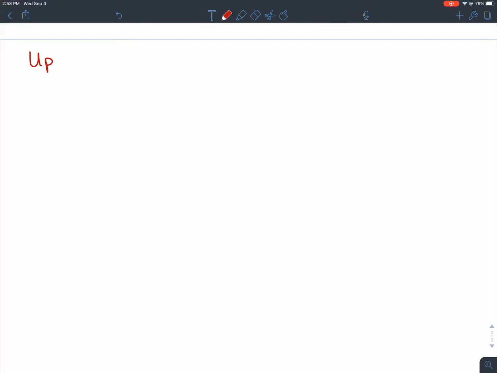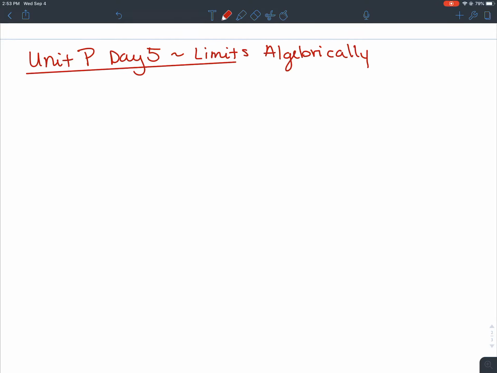It's unit P, day 5, and I'm solving limits still, but this time we're solving it algebraically. Okay? Unit P, day 5, limits algebraically. All right, so we're going to start off with something.